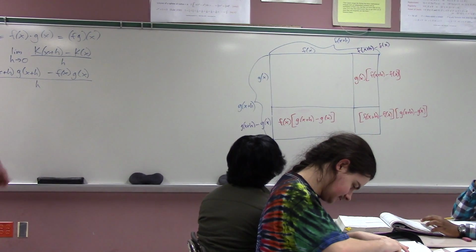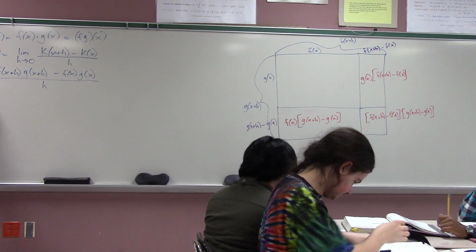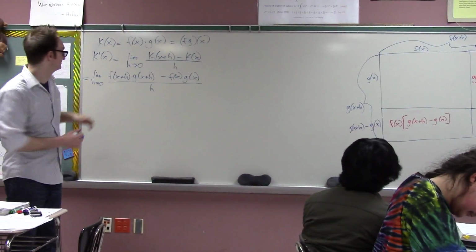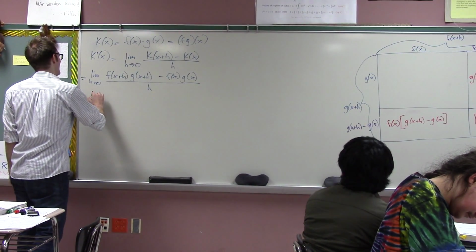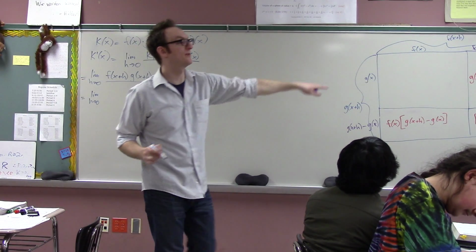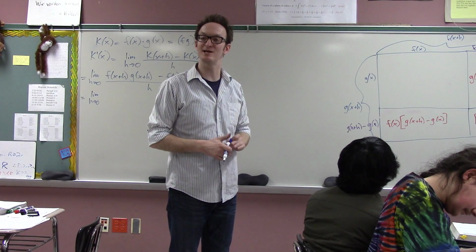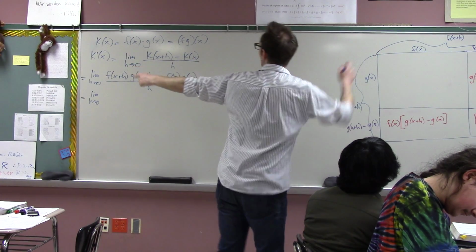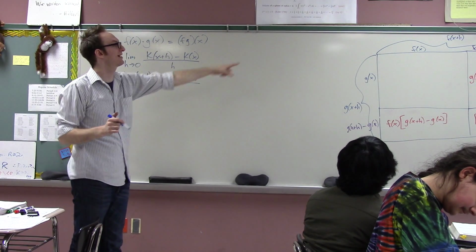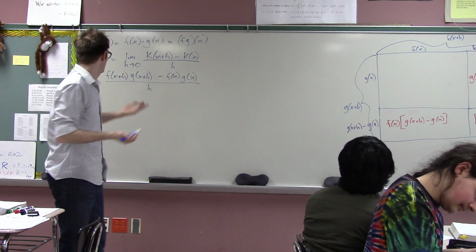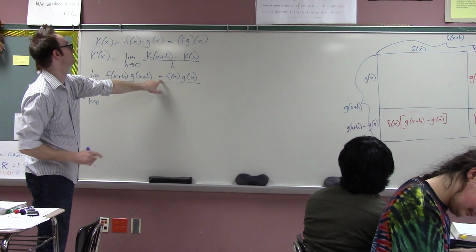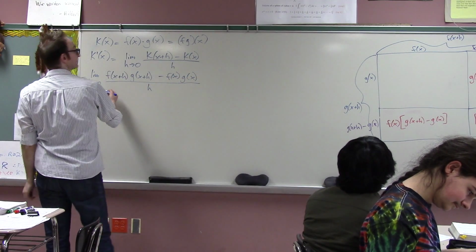And so now, this suggests exactly what I should do to continue with this limit. What do I do? Just replace, right? This numerator just is the sum of these three boxes. It just is, right? f of x plus h, g of x plus h is the big box, and f of x, g of x is the small box. And so I know exactly what to do now. I'm going to write, in place of this numerator, all of those.